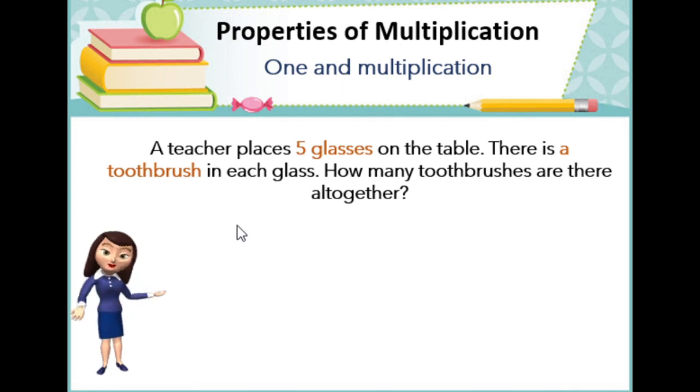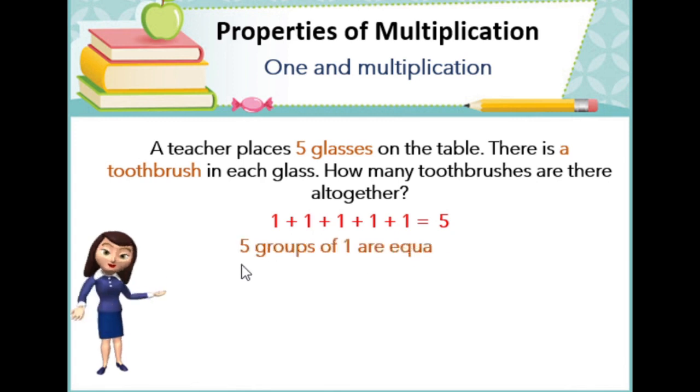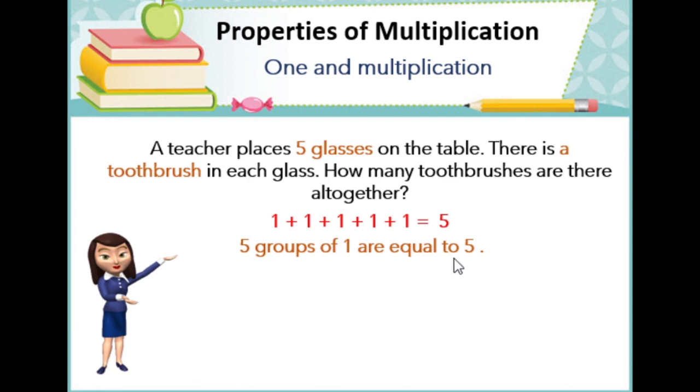So, if we're going to write it in a mathematical way, it looks like this. 1 toothbrush plus 1 toothbrush plus 1 toothbrush plus 1 toothbrush plus 1 toothbrush equals 5 toothbrushes. 1 plus 1 plus 1 plus 1 plus 1 equals 5. 5 groups of 1 are equal to 5.